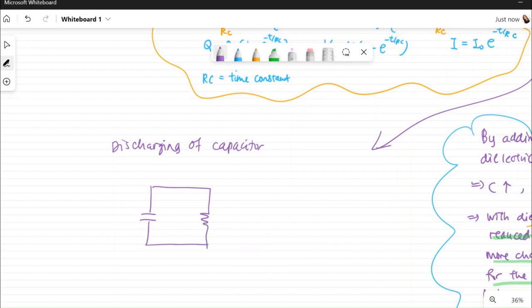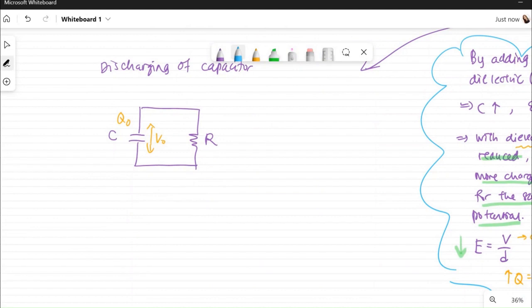Something like this. Initially, let's say the capacitor has been charged to the voltage of V naught, the capacitance value here is C, the resistance value here is R, and initially the capacitor has been charged to a charge of Q naught.